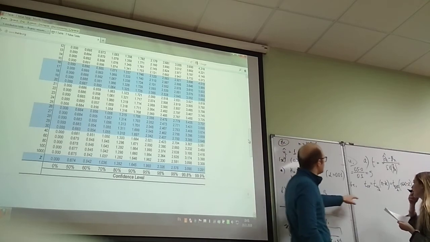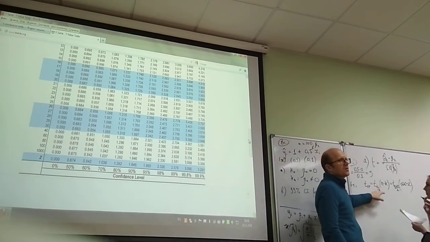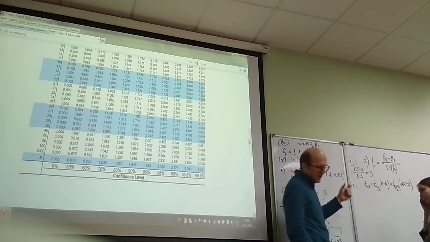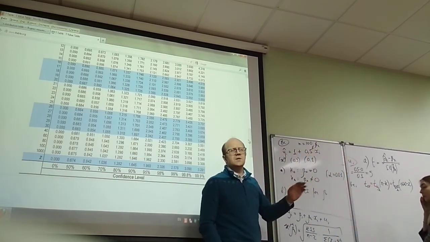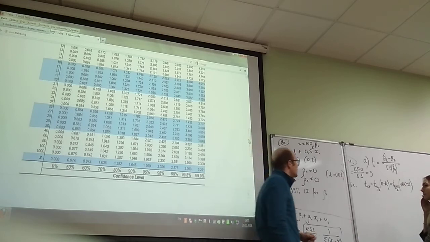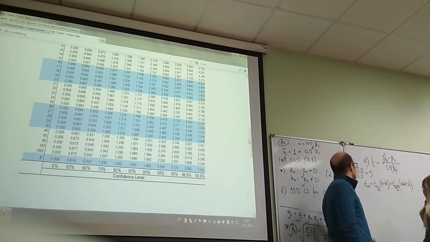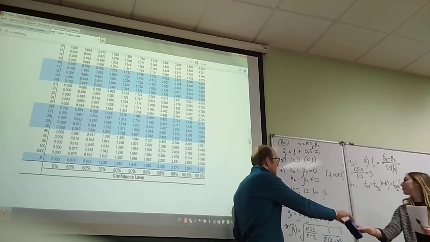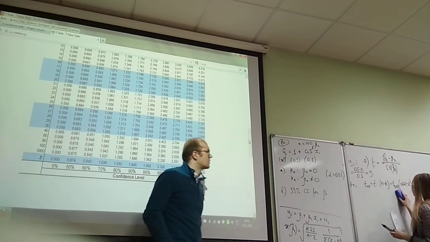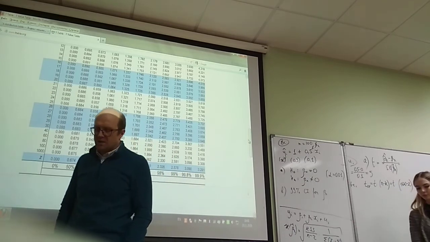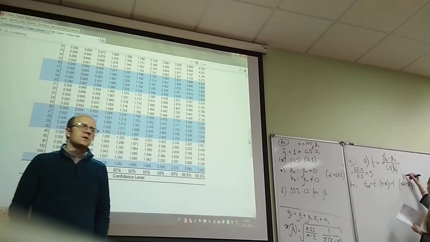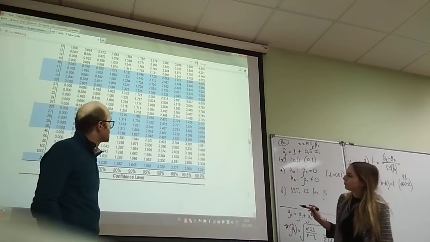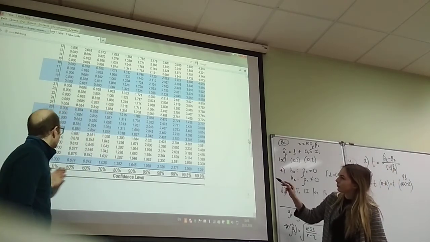In some sources you may encounter the area to the right, so it depends on the book. So I don't need to write this. In other books it's not standardized what the index for the T distribution means. In this case, let's look at this table.